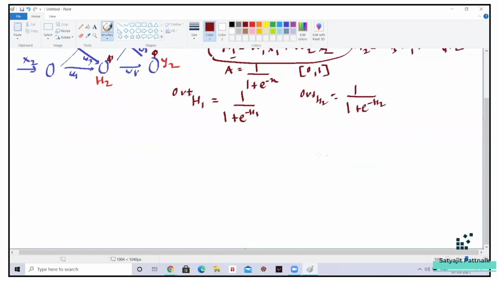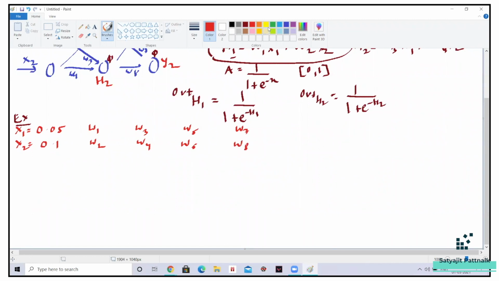Moving forward, let's take a small example for understanding. Let's define my inputs X1 and X2. We'll take some arbitrary values, 0.05 and 0.1, and let's define all our weights: W1, W2, W3, W4, W5, W6, W7, and W8.